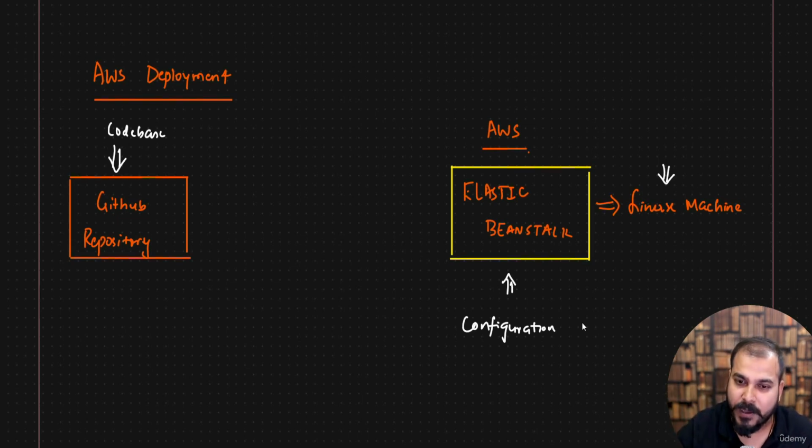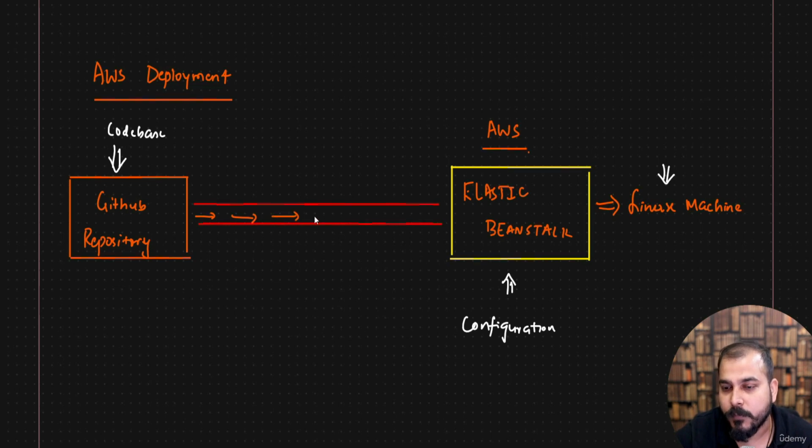We'll talk about that. Now, from this repository, if I really want to do the deployment to Elastic Beanstalk, I should be able to create a mechanism from where we can push the code, and this code will be pushed in the form of pipelines. This pipeline is just like a medium wherein I will be able to connect my GitHub repository to my deployment environment.